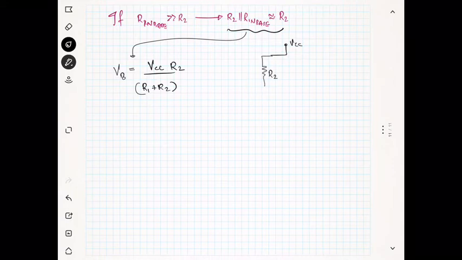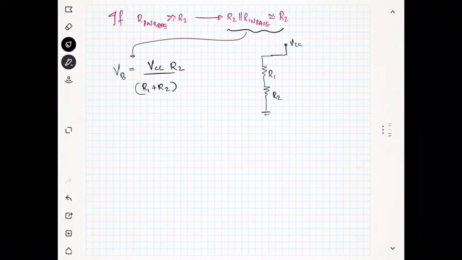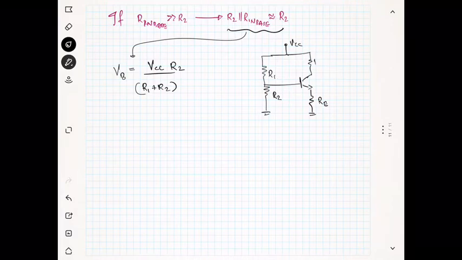So you have an R1, an R2, RE, and this is RC. We simply apply the voltage division to find the voltage VB at this point, because this is the base. So to find this voltage you can use this formula.